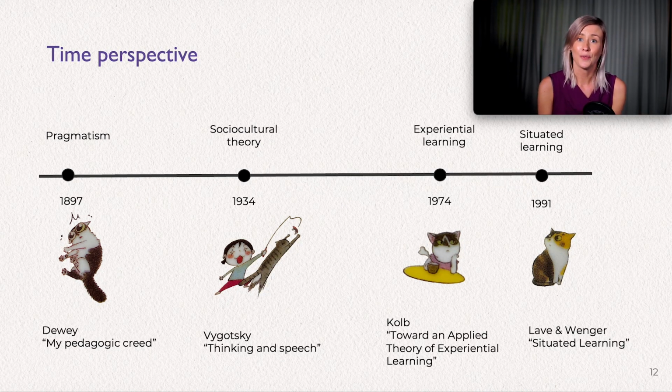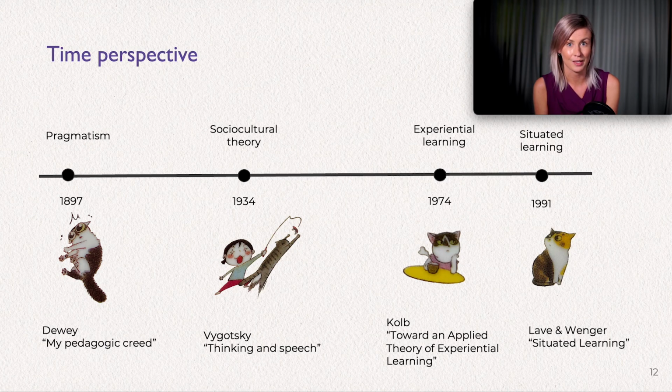To finish off, I wanted to show you a timeline on when these different ideas that we talked about in this video happened, because they are very spread out, and it can be good to have an understanding of that, since when they came up affects what they contained. So first out was Dewey, from Pragmatism. His My Pedagogic Creed came out in 1897.